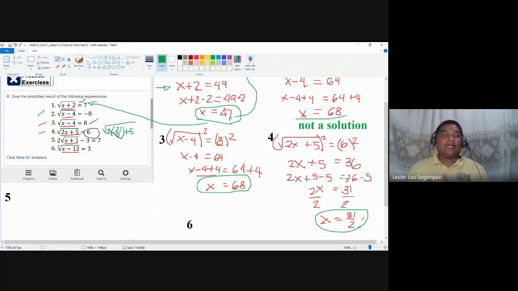But again, I would like to emphasize, just for better reference as we go to higher level mathematics, if your answer is a fraction, please stay in fraction. Because if you will use decimal, though you could still get the answer, not all of us are comfortable with decimal notation. Aside from that, if your answer is an improper fraction, please stay with improper fraction.